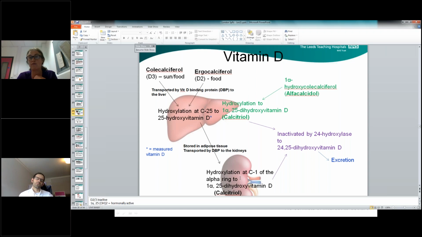So for the nephrologists among us, that's the bit that means that for renal patients, we would give alfacalcidol, because basically you're bypassing the kidney step because it's already hydroxylated at the 1-alpha position. And then you make your active vitamin D, calcitriol, the bit that's actually doing something. When we are measuring vitamin D in the lab, what we're measuring is this one, the 25-hydroxy vitamin D.